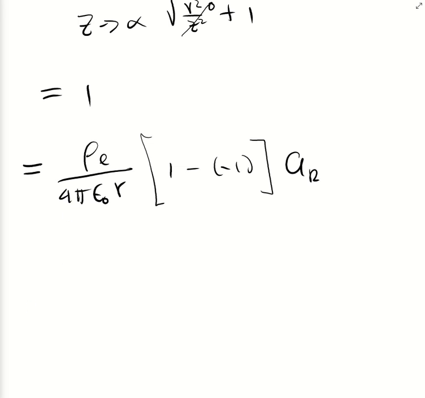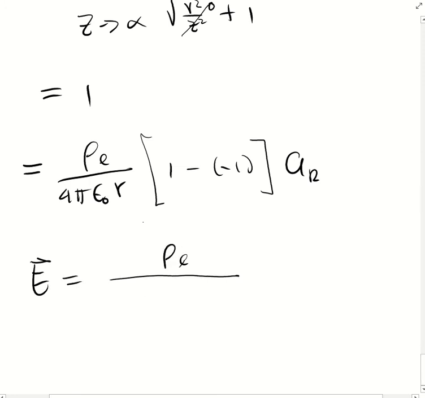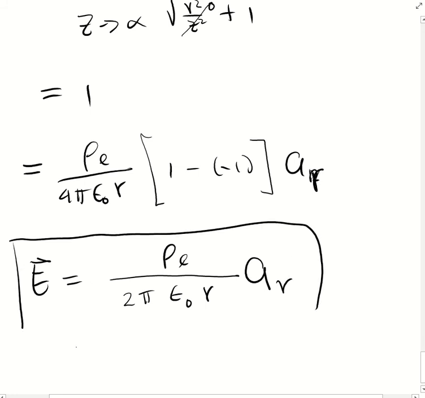So, the electric field now, due to an infinite line, will be equal to rho L all over 2 pi epsilon naught times R, AR. And this will be the formula for the electric field intensity due to an infinite line.